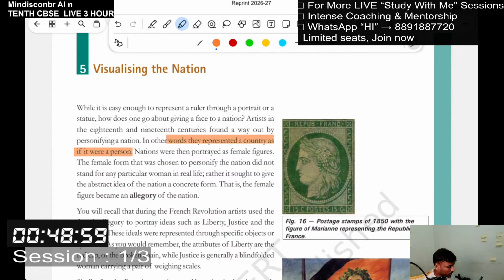Nations were then portrayed as female figures. The female form chosen to personify the nation did not stand for any particular woman in real life. Rather, it sought to give the abstract idea of the nation a concrete form. That is, the female became an allegory of the nation.